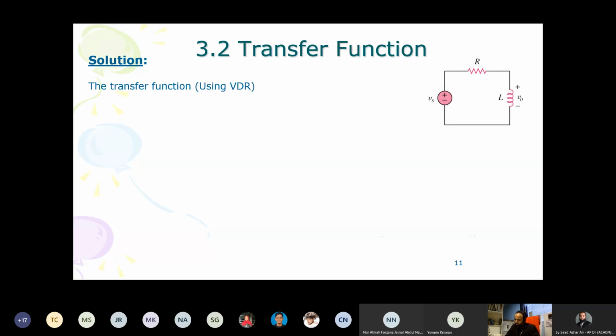Using again VDR, we can say that VO upon VS is equal to, of course, j omega L upon R plus j omega L. If we want to keep it in standard form, I'm taking this R common, so it's j omega L upon R and 1 plus j omega L upon R.